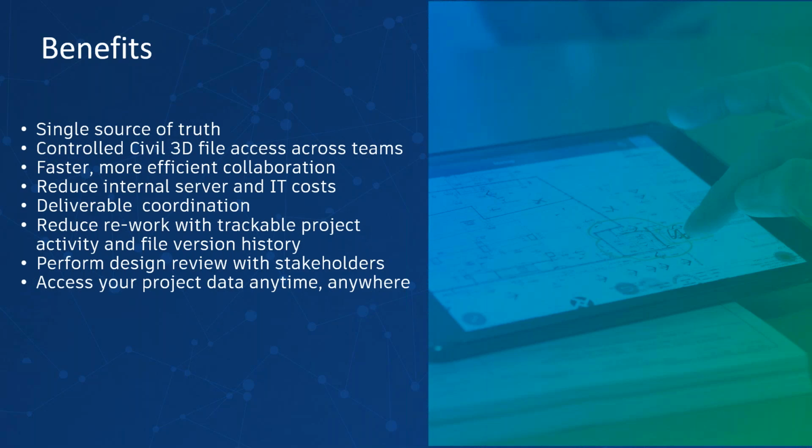First of all, the transparency of the information, the controlled file information, whether it is Civil 3D or Plant 3D information. You could do more efficient collaboration, with no need of spending on the server, IT cost, etc. You could have very seamless coordination which you require in case there is any kind of rework, you could do it from your system and synchronize it on the cloud.